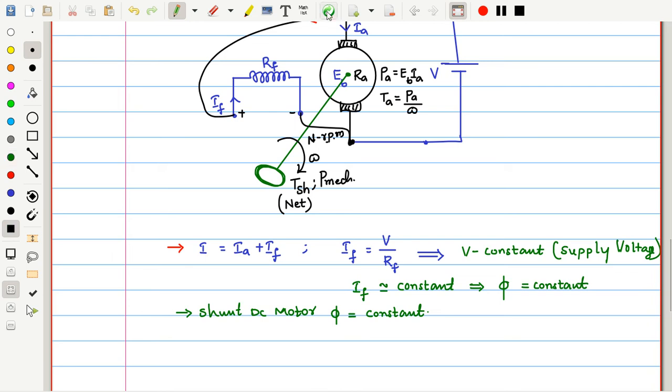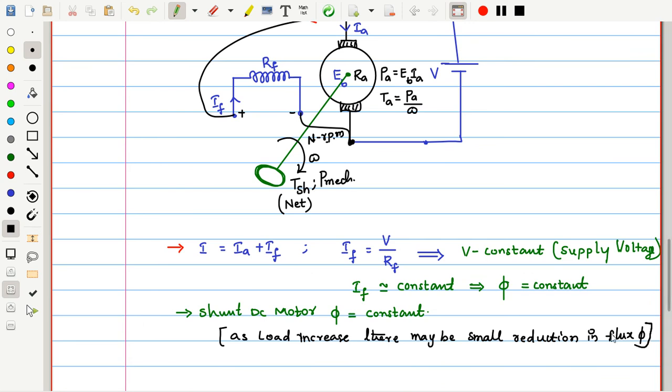Let me write: as load increases, there may be a small reduction in the field flux phi.